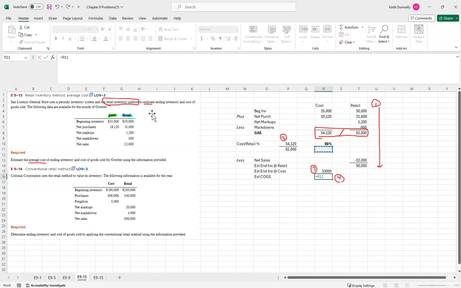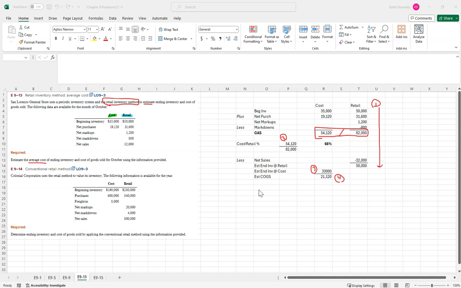So it's going to be the 54 minus the 33, and we're looking at 21. So what did we do there? Essentially, we figured out ending inventory at retail, figured out the percentage, and multiplied the two. We got 54 minus 33, which gives us 21.